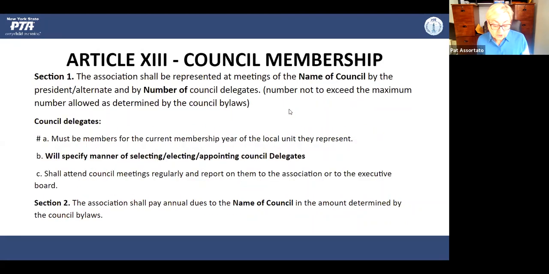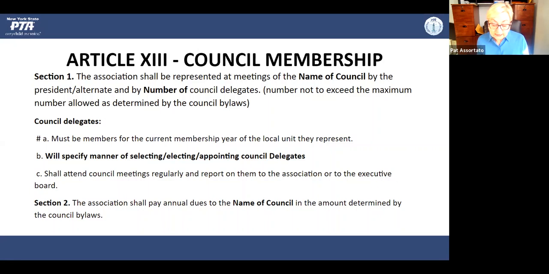Article 13, council membership, prescribes the eligibility and election or selection of delegates, term of office, and duties. A unit that is a member of a council must adhere to council bylaws in assigning delegates. A unit may choose to have less than the number of delegates allowed per council bylaws, but never more.